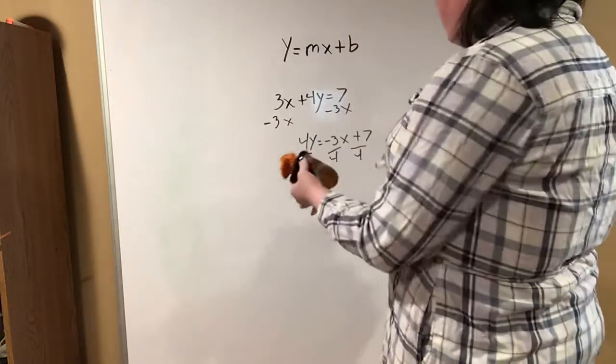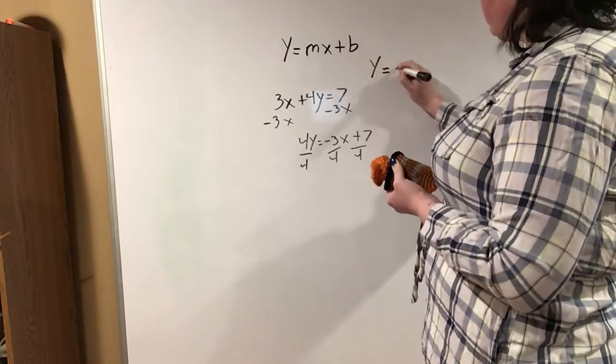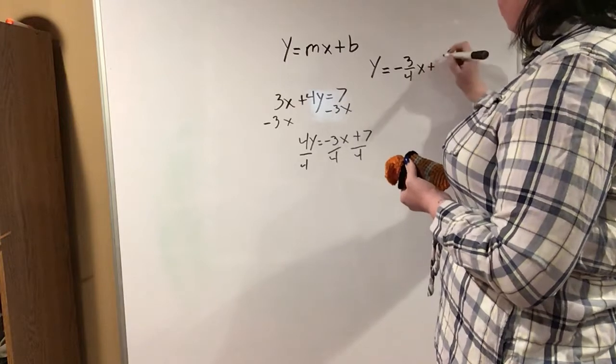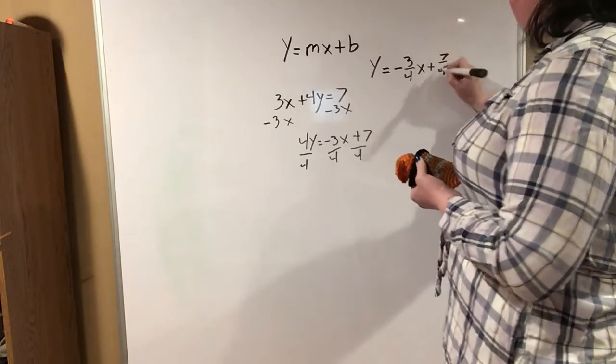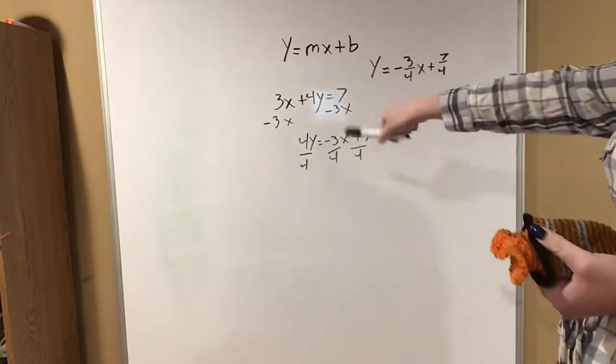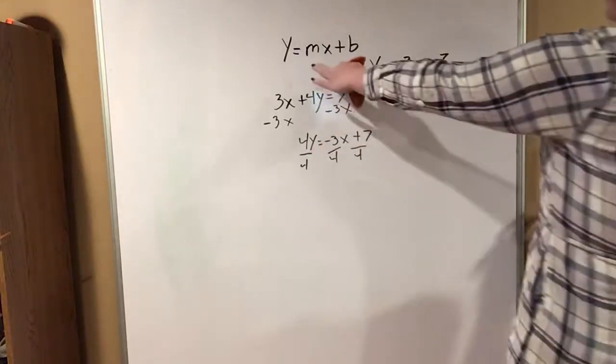So now this equation in slope-intercept form is y equals negative 3/4 x plus 7/4. That's not really a fun one to graph, but you see my concept here of moving things over, getting y alone. Now it looks exactly like this.